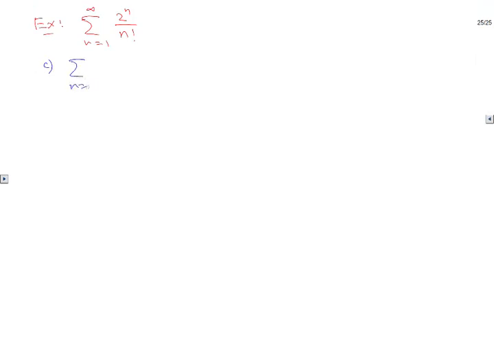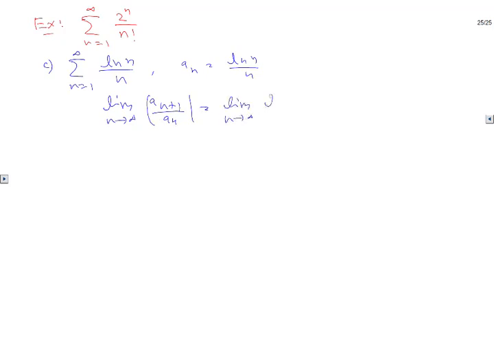Sigma n going from 1 to infinity, ln n over n. a n equals ln n over n in this case. So let's do the same thing as before. Limit as n goes to infinity of the absolute value of a n plus 1 over a n. In this case all the terms are positive, so you don't need absolute value, so we can write ln of n plus 1 divided by n plus 1, upside down ln n.